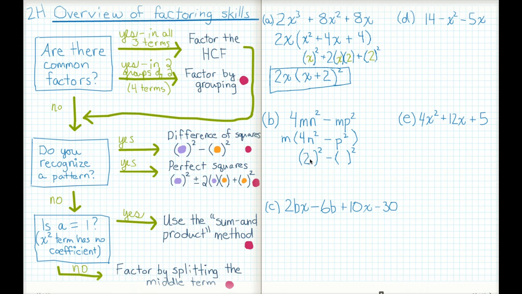Here if I put in 2n, and here if I put in p, then that works. 2n squared is 4n squared, and p squared is p squared. So final factors for these are going to be 2n minus p, 2n plus p, and of course the m that I factored out at the beginning.